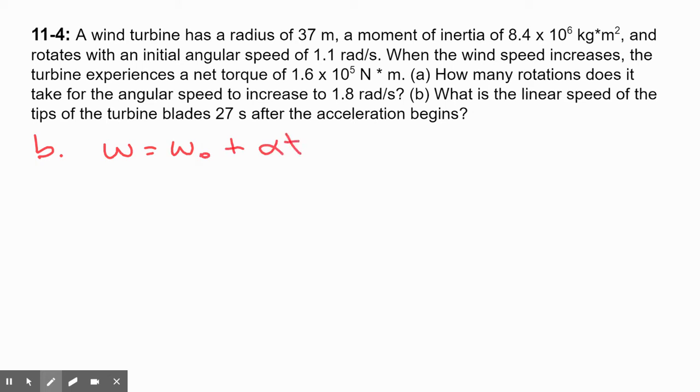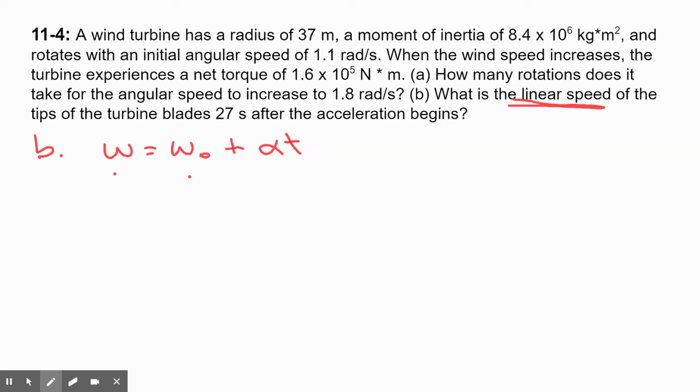We have the initial and final pieces. Oh, I'm so sorry. We're on part B. What is the linear speed after acceleration begins? So we need to find linear speed, but this equation is telling us about angular speed.